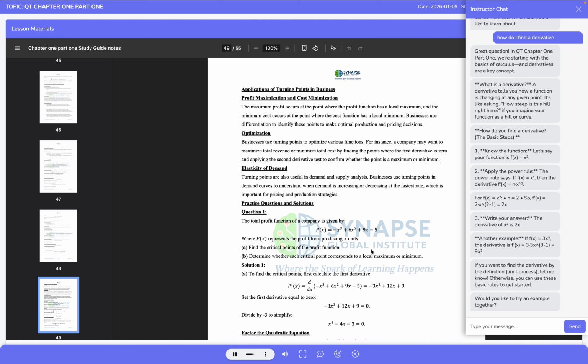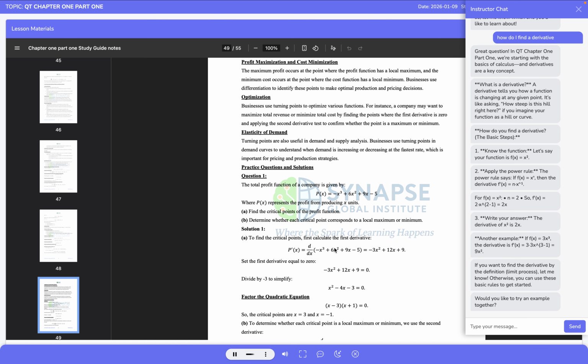In the first question, the total profit function is given by negative x cubed plus 6x squared plus 9x minus 5. To find the critical points, we first differentiate to obtain negative 3x squared plus 12x plus 9.